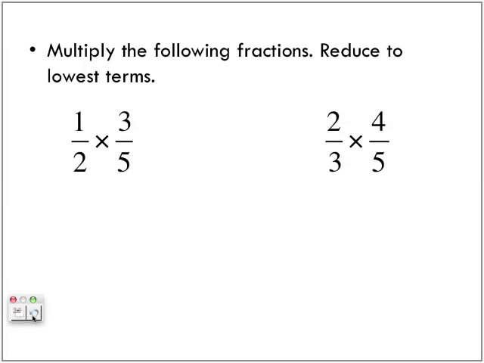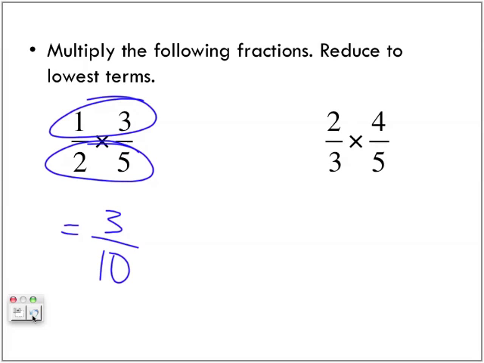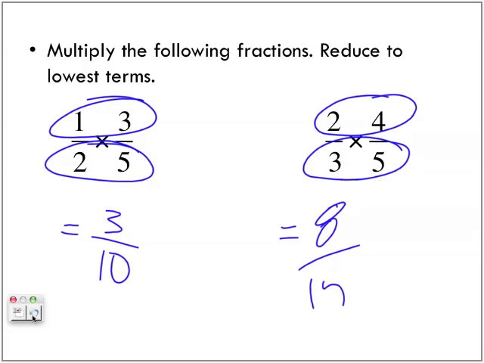Multiply the following fractions, reduced to lowest terms. Take a moment and work on these ones. First one, what do we get? 3 over 10. We just multiplied numerators and denominators. Could we simplify it? No. Next one, first step, what do we get? 8 over 15, just multiply them.